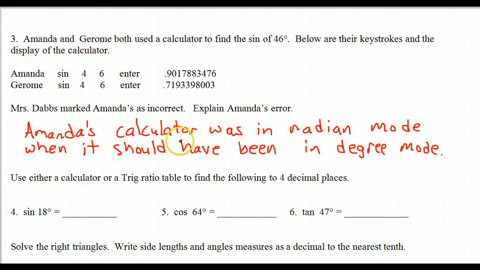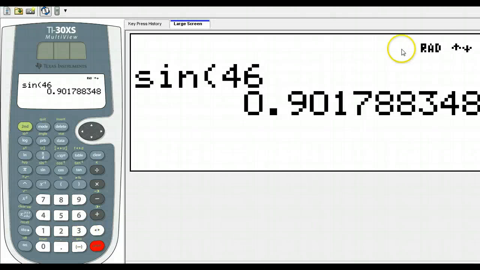Amanda's calculator was in radian mode when it should have been in degree mode. If you want to be on the safe side, you should always make sure your calculator is in degree mode, just in case the wrong button got hit or something. But I like to reset my calculator before I take a test or do a big assignment.